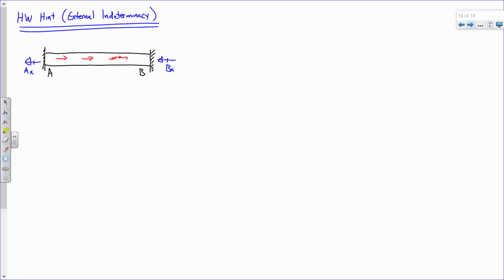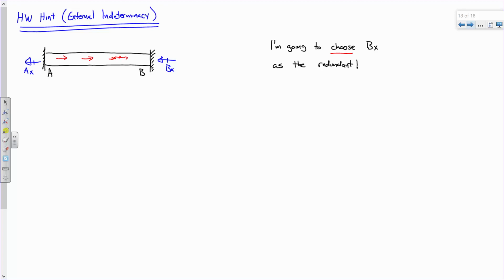So here is what's going to happen for an externally indeterminate problem. We're going to split it up into two analyses, okay? For this analysis, I'm going to choose BX as the redundant. And you'll see what I mean.